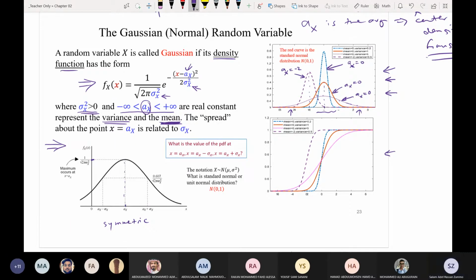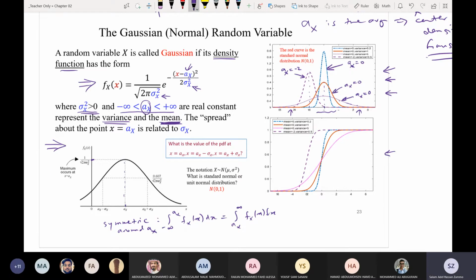Which means that the integral from minus infinity to AX of fX(x) dx equals the integral from AX to infinity of fX(x) dx. Clear? It's symmetric around AX.